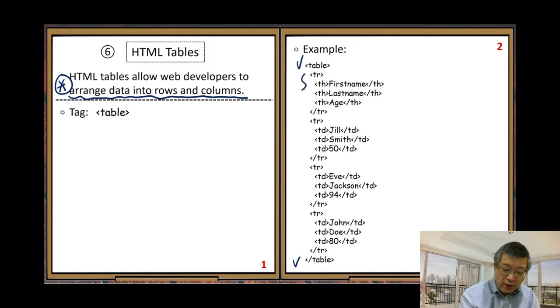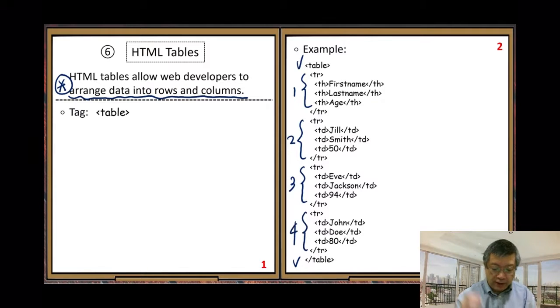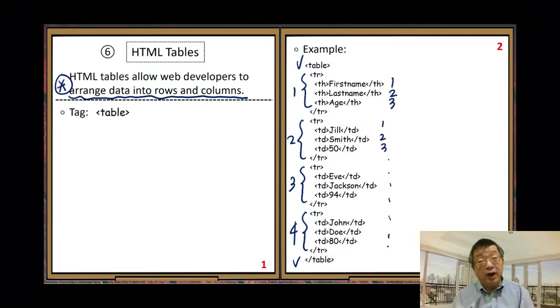So row 1, row 2, row 3, and row 4. Each row has column 1, column 2, column 3, and so on. Very obvious, the way you arrange your data in this straightforward way.